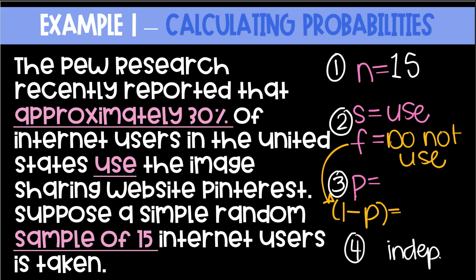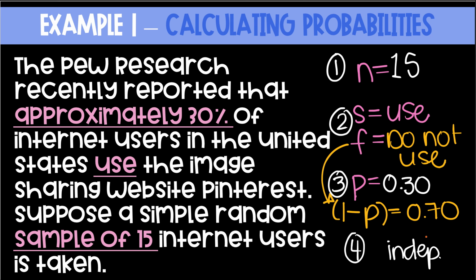Because we're not given any specific information on the users, we're going to say no, it doesn't vary. The probability will be 0.30 for all of them. And just so you know, for practice and because we're going to need it later, what would be the complement of 30% or 0.30? 1 minus p, the probability of failure, would be 0.70.